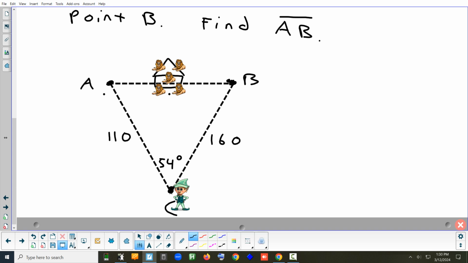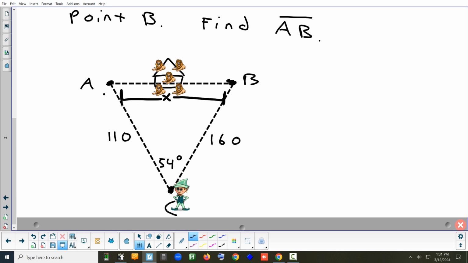We need a name for this top side. Let's call it C. Well, we've used C for that angle down there, so we could use a lowercase c. Just to avoid any confusion, I probably wouldn't pick a C, since we already have a C. But that's X.